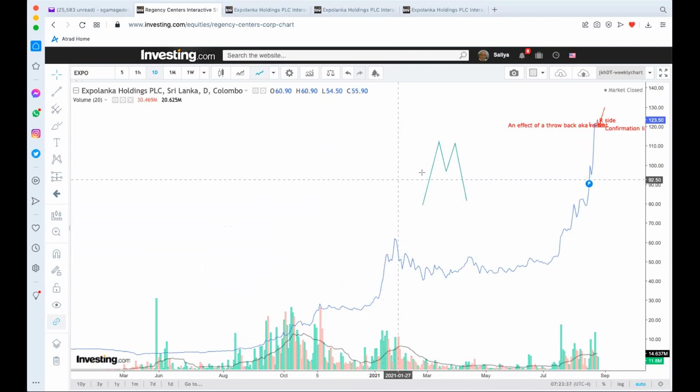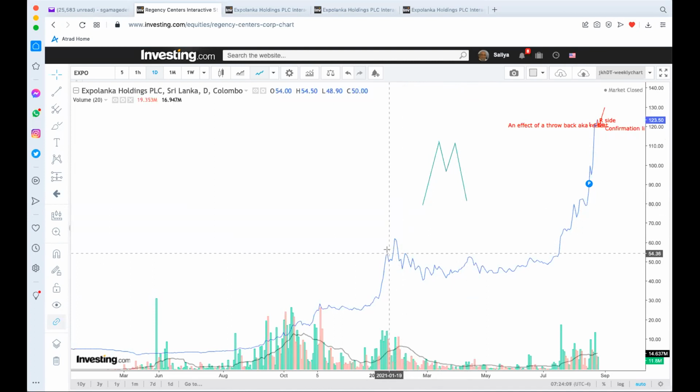Now remember, I have given the two tops almost on horizontally equal levels, but that does not necessarily be the same always. Just like in the case of the double bottom chart pattern, in the case of the double top chart pattern also, you may not see the same formation. At the same time, it will not be the same M formation, right?